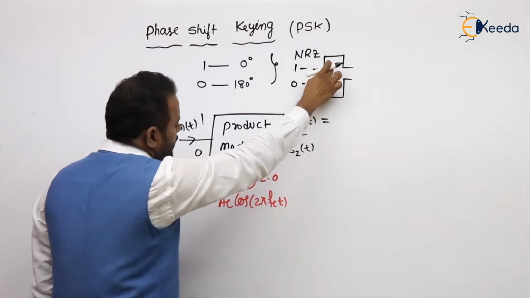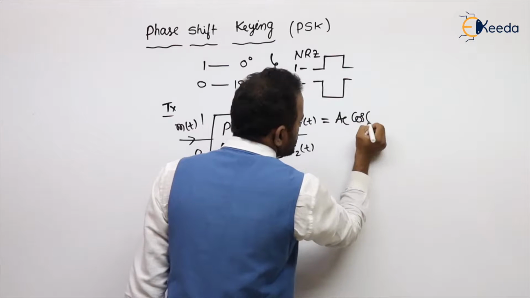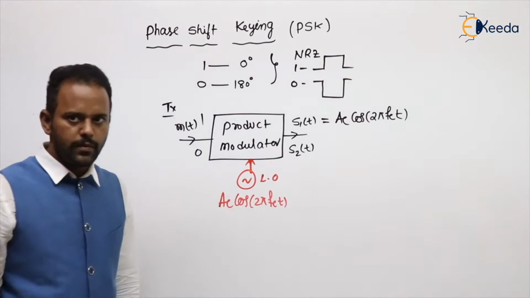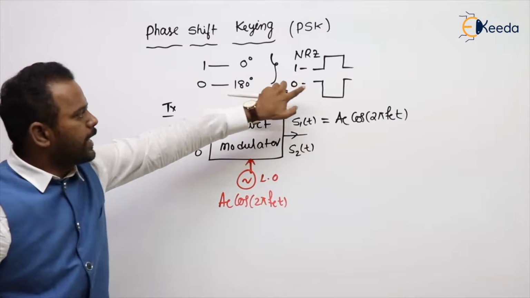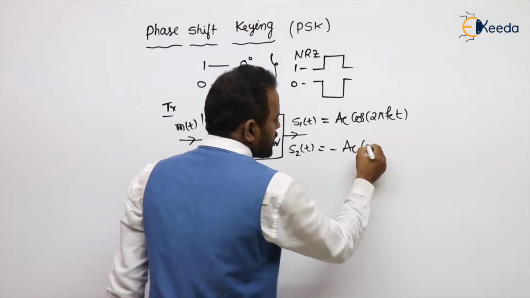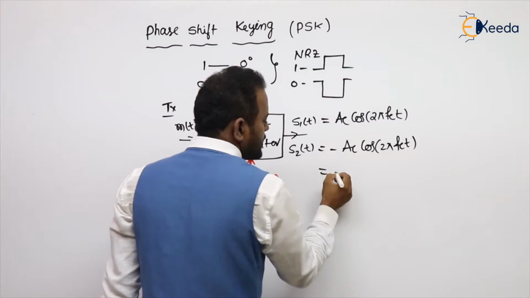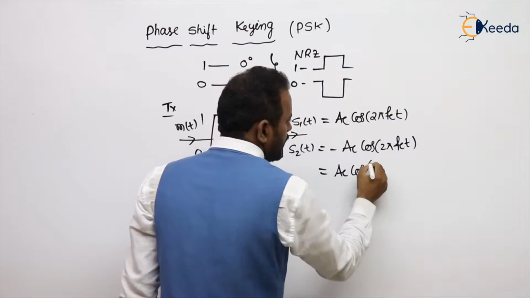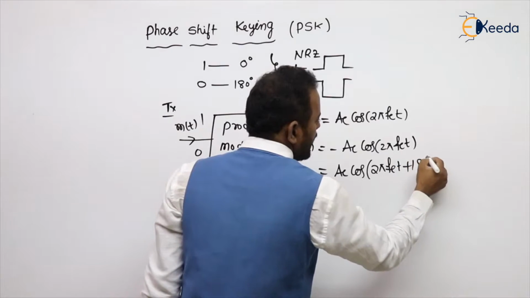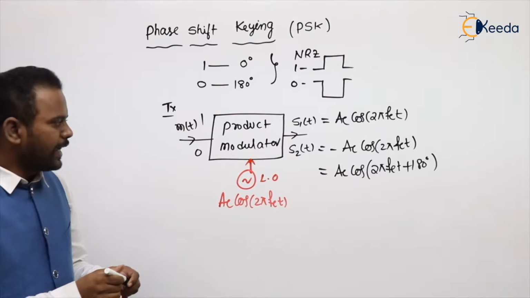Let's take a voltage of 1. 1 into Ac cos 2 pi fc t is Ac cos 2 pi fc t. 0 is a negative pulse, so what you will get? Minus Ac cos 2 pi fc t. It can be written as Ac cos(2 pi fc t plus 180 degrees) also.